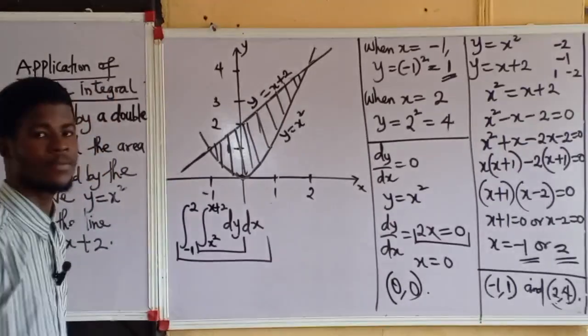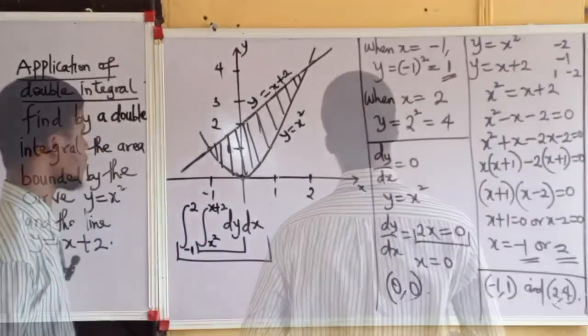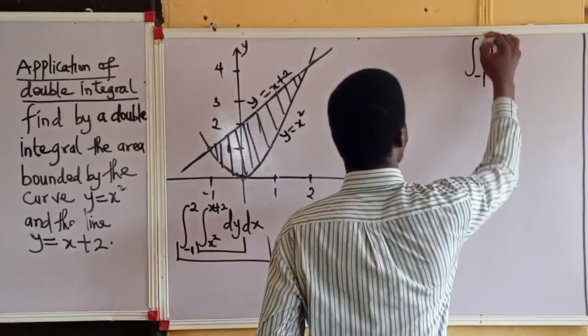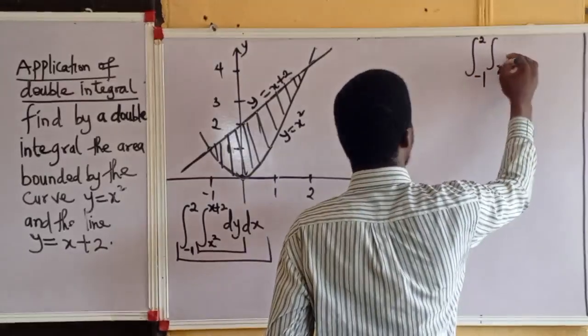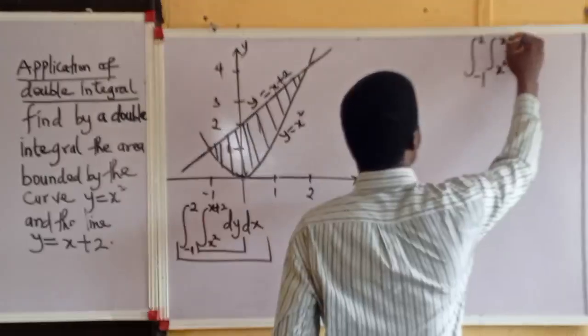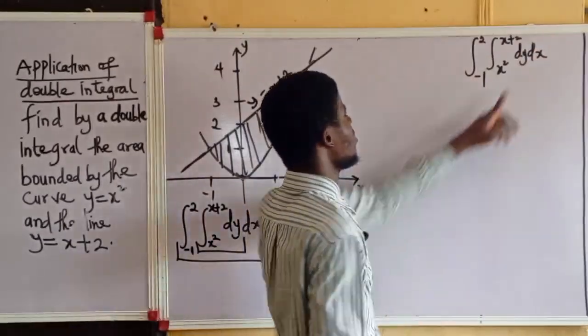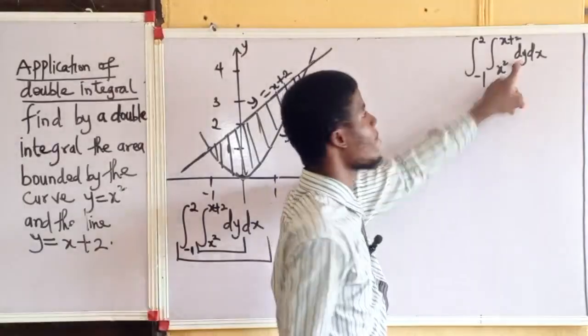So this is it. Let's evaluate the integral now. So we have the double integral from -1 to 2 first, from x squared to x plus 2 dy dx. So integrating dy, we get y. All right.